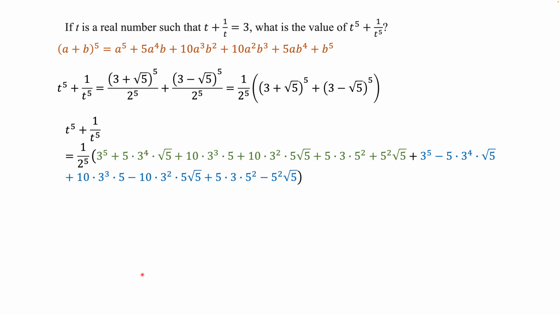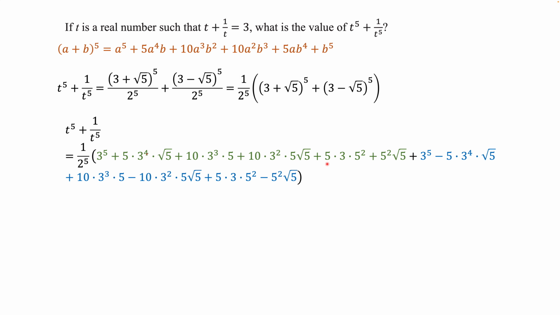Okay? And as I said, we pull out 2 to the 5th. Now I have these two parentheses. We open them up using this formula. There are 6 terms here, 6 terms here. So total 12 terms. So those green terms are from the first parenthesis.